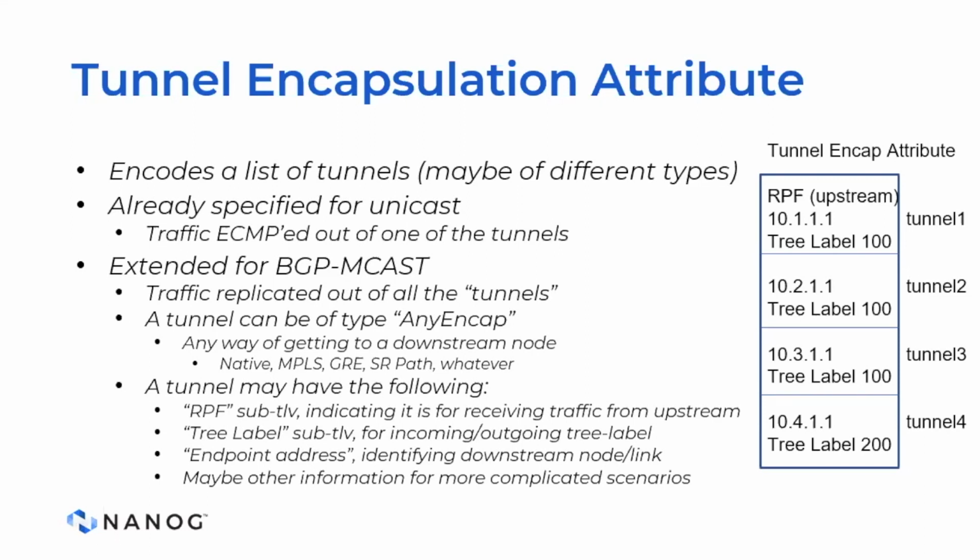And then tunnel 2, 3, 4, there are 2 different downstream nodes, and with the same or different tree label there. So with this tunnel encapsulation attribute alone, we can create forwarding state for the tunnel that is identified in the NLRI.